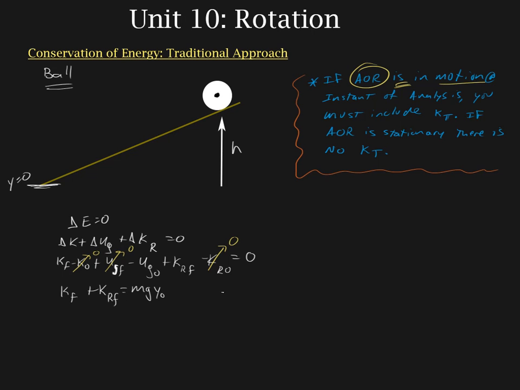Now at this point, I'm just going to pause for a moment and say that this particular statement right now is basically telling us that all of the gravitational potential energy is going to be shared between these two forms of kinetic energy, translation and rotation.